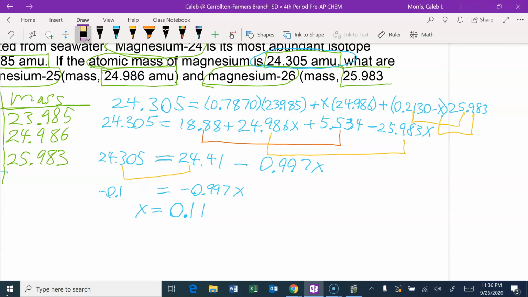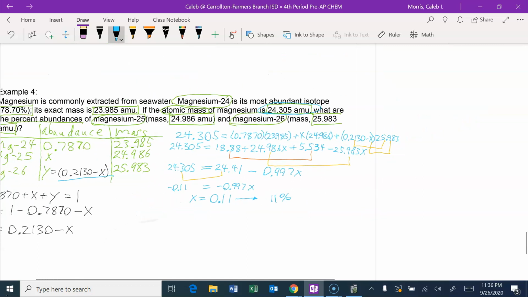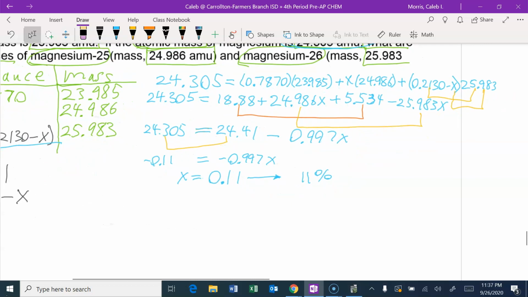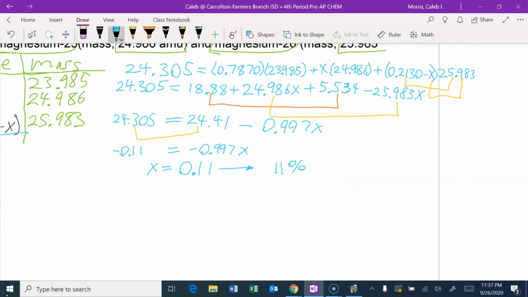Again, this really should have been rounded to 2 decimal places to be 0.11. So this ends up being 0.11. And as a percent, we would say that is 11%. Let's see, what was X? X was magnesium 25, so it's 11% magnesium 25.